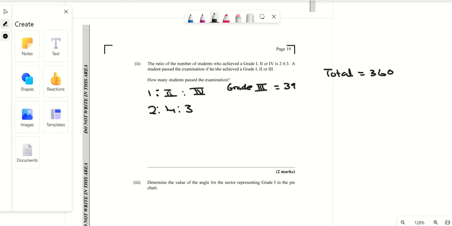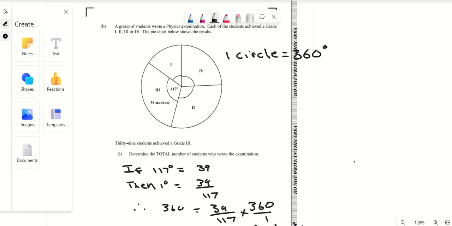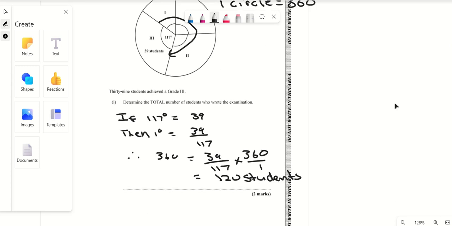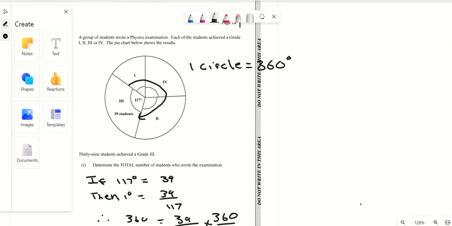We know that if we remove grade 3, so grade 1, 2, and 4 would be equal to 360 minus how much was grade 3? 117, right? If we look at the circle above, the remaining was 1, 4, and 2. So all of these, did they say grade 3? No. 1, 2, and 4, this remaining would actually be 360 minus 117.